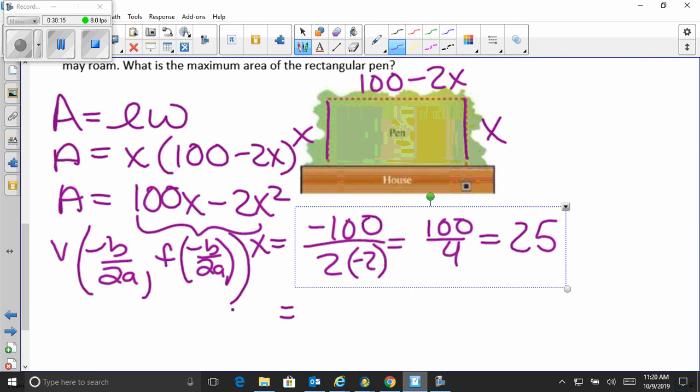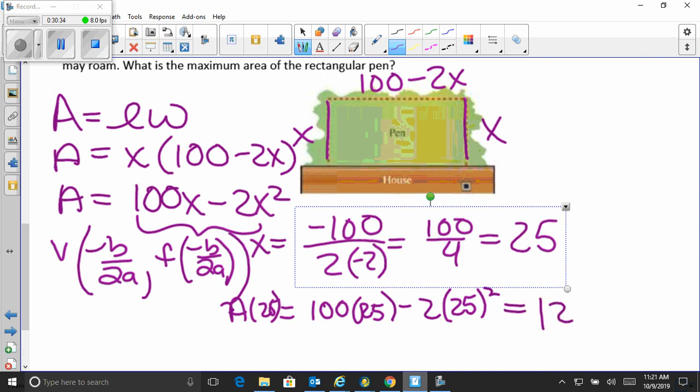So we would do the A of 25. That's 100 times 25 minus 2 times 25 squared. And when we do that, we get 1,200. So that would be our area.